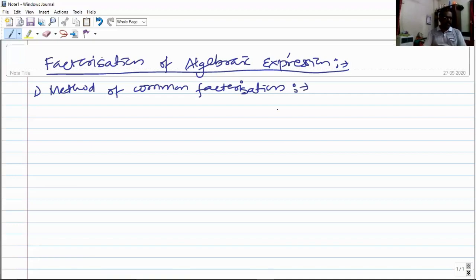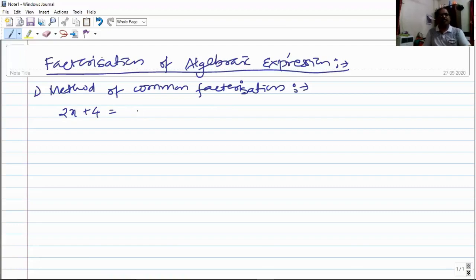In the case when you are given algebraic expressions like a binomial, trinomial and so on, what are the common factors? Suppose you are given 2x plus 4. In this case we have two terms, 2x and 4, so it is a binomial.